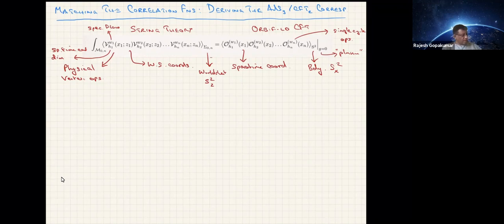All right, so now, of course, when I wrote this, I was implicitly assuming that this equality presumes a more basic correspondence, which is that between the vertex operators and the single cycle states.